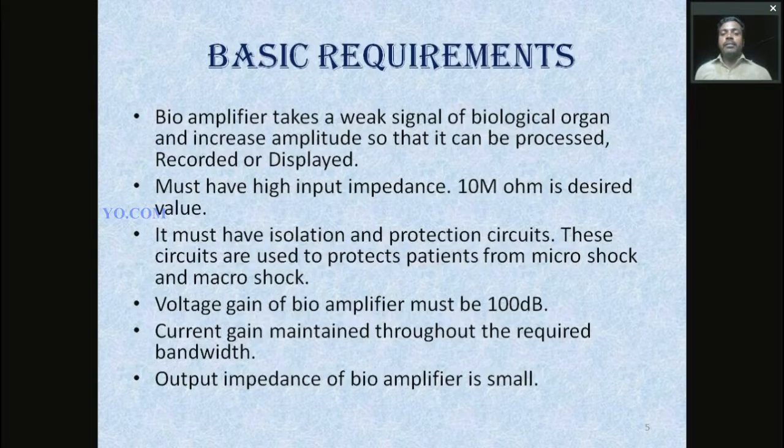The biological amplifier initially amplifies the weak signal and it is then given to a recorder and a display unit with some processing. The processing involves noise rejection, noise cancellation, filtering, then equalization, etc. That is the processing done on the biological signal. After that it is displayed, recorded, etc.